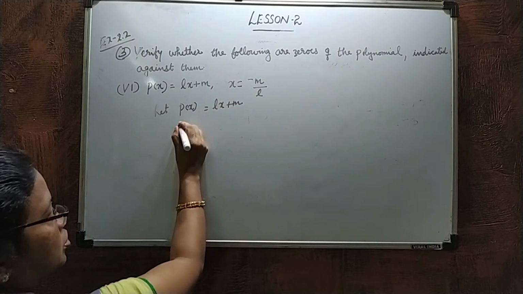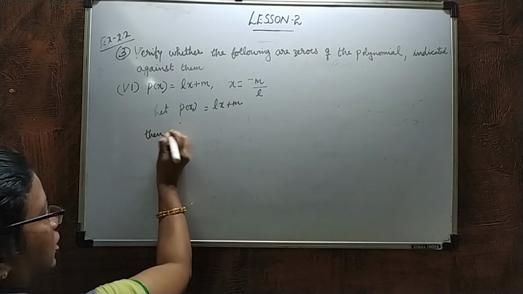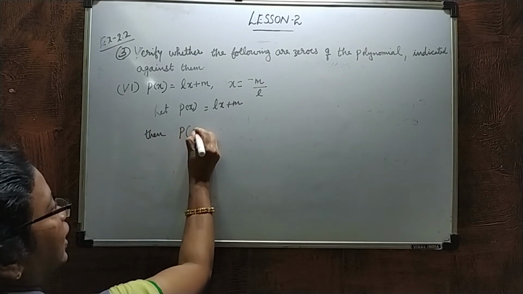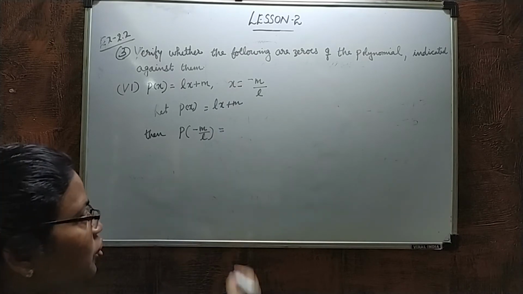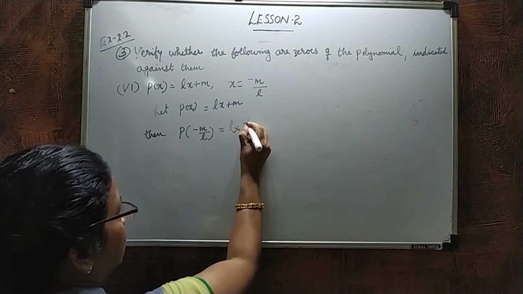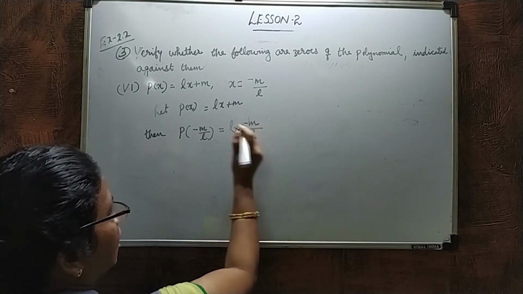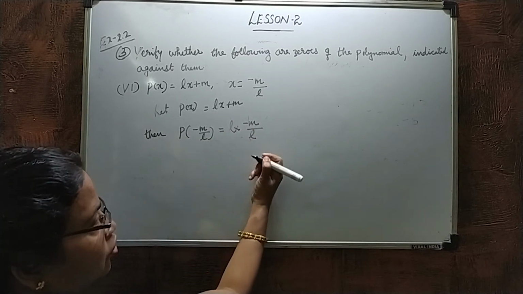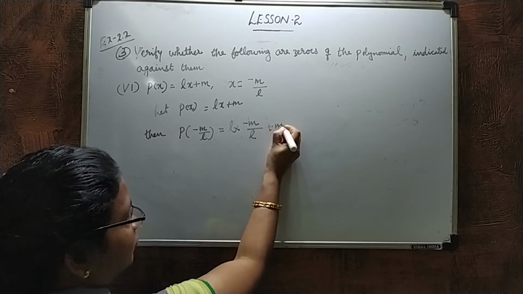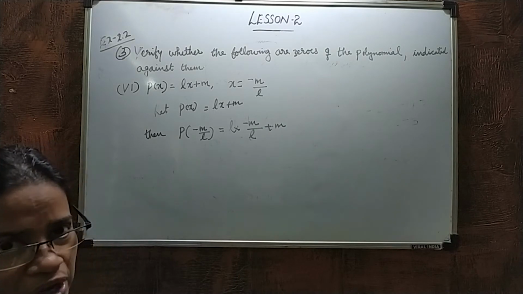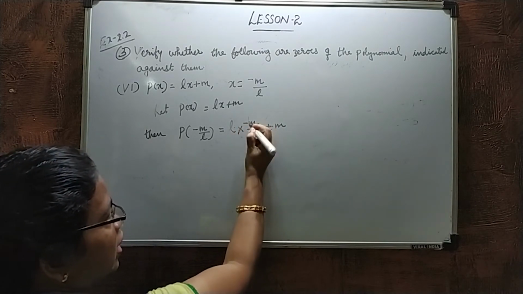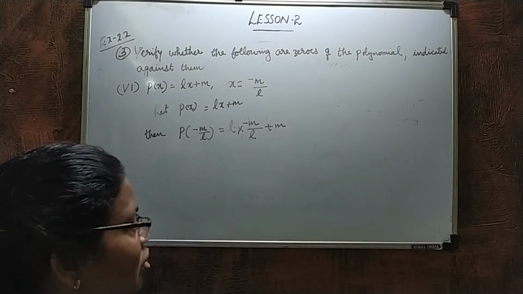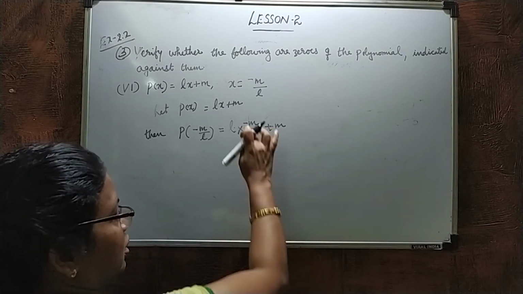Then instead of x, P of negative m by L equals, what do you have to do? L into negative m by L. Look, instead of x, negative m by L, plus m. Put the bracket also, no problem. Otherwise, into you are telling means okay, because there are no exponents. That's why I did not put any bracket there.